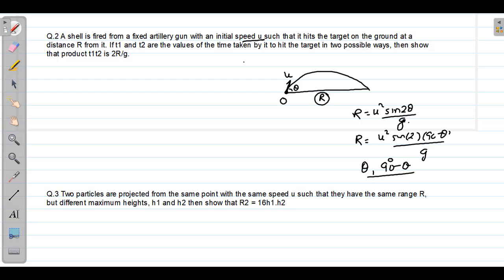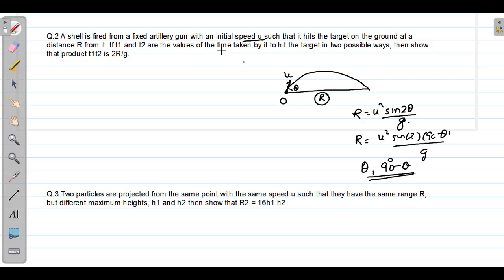These are the complementary angles. For complementary angles, range remains same. As per the question, our originating point and the target are the same, so range is the same. So there are two ways to strike this target: either it is fired at an angle of theta or at an angle of 90 minus theta.